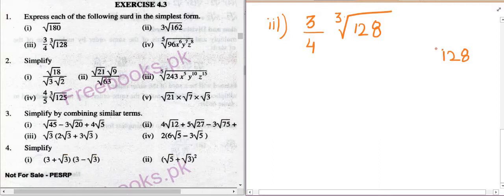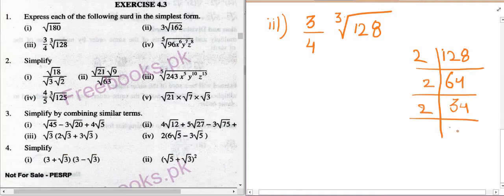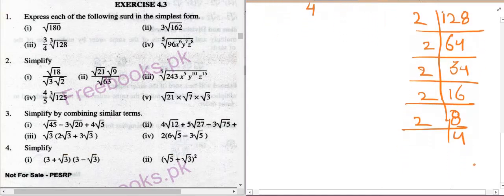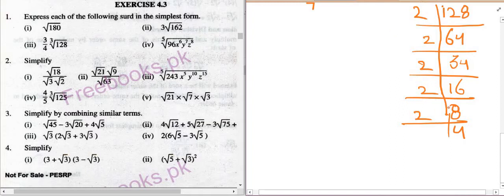Okay, first find the multiples for this. 128 divided by 2 is 64. 2 64 times, then 2 32 times, 2 16 times, 2 8 times, 2 4 times, then 2 2 times, 2 1 times.